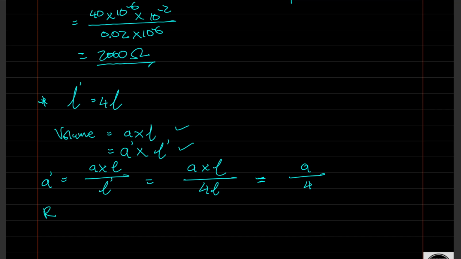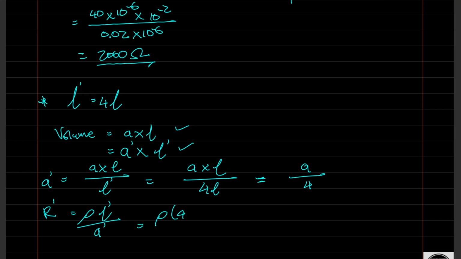Now let's say this R dash will be our new resistance. It will be equal to rho, since rho won't change, it will remain as rho multiplied by L dash divided by A dash. These two have changed, right? Which is equal to rho. What's our L dash?